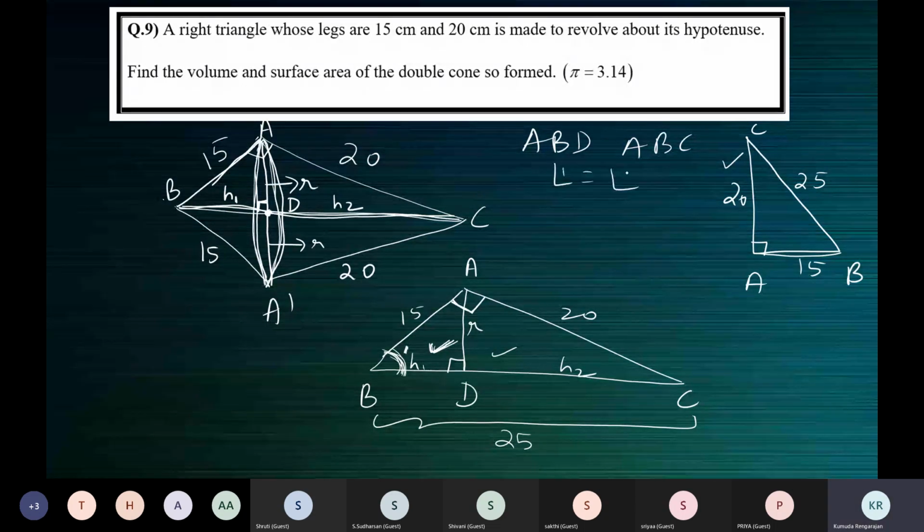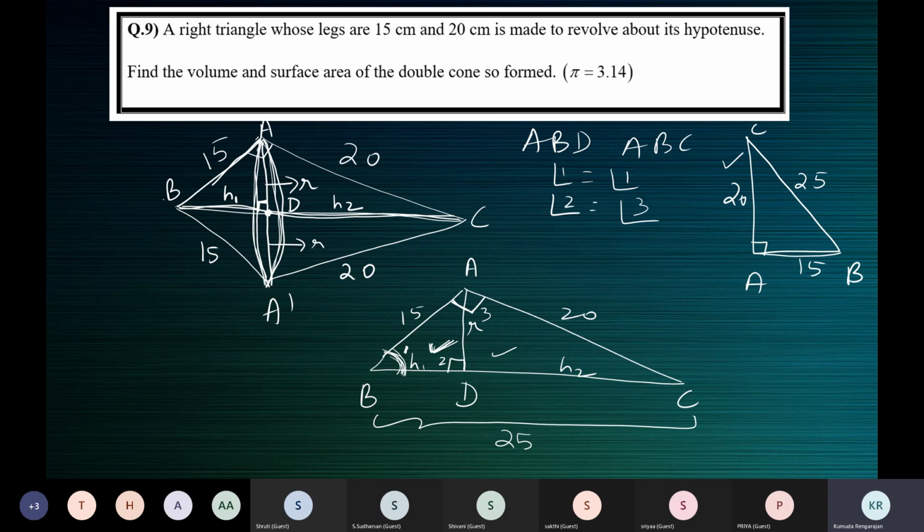Angle 1 is a part of triangle ABD. Angle 1 is also an angle of the triangle ABC. So common angle. Then angle 2 is equal to angle 3. In the small triangle, angle 2 is 90 degrees. And in the big triangle, angle 3 is 90 degrees, because ABC is a right triangle.